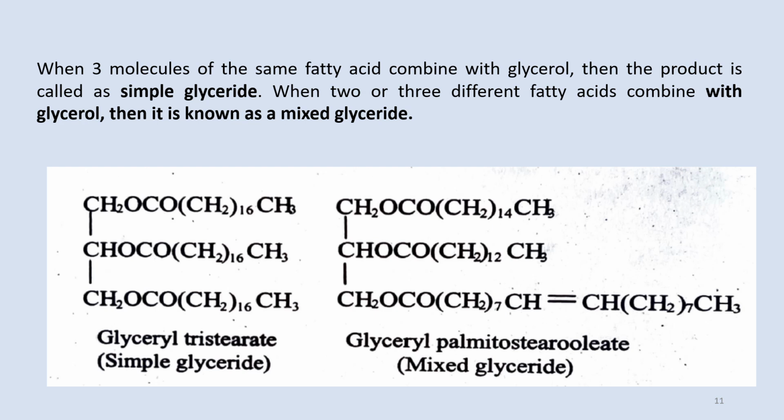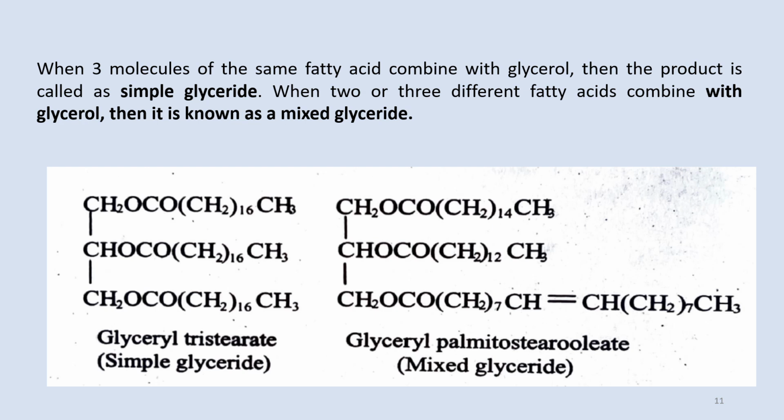And you can see here in glyceryl palmito-stearo-oleate, the difference is there. The first molecule has 15 carbon atoms, the second molecule has 13 carbon atoms, long chain without any double bond. But the third one, you can see, has an unsaturation.